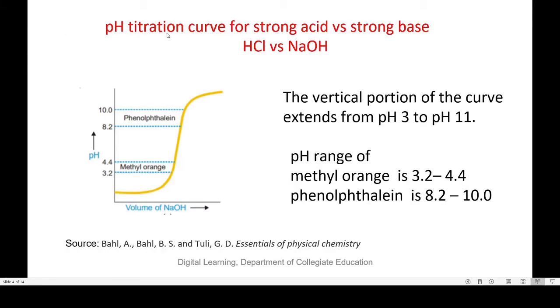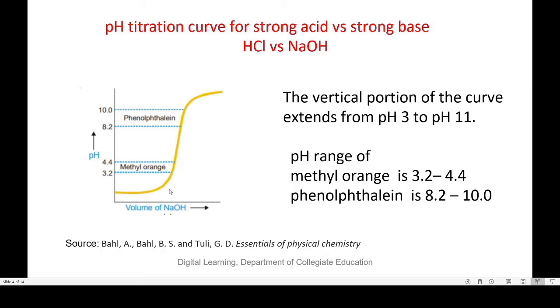Now let us see the pH titration curve for strong acid titrated against strong base. Let us take the example of hydrochloric acid titrated against sodium hydroxide. The pH titration curve is obtained like this. The pH of hydrochloric acid will be very low, and at the beginning, after each addition of sodium hydroxide, the pH rises very slowly.